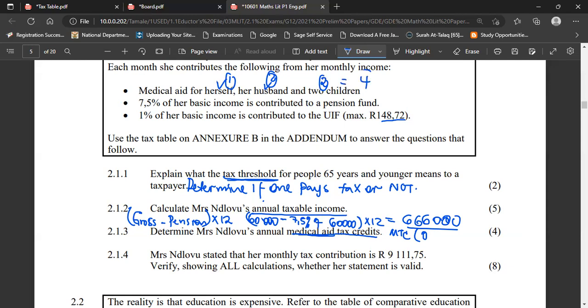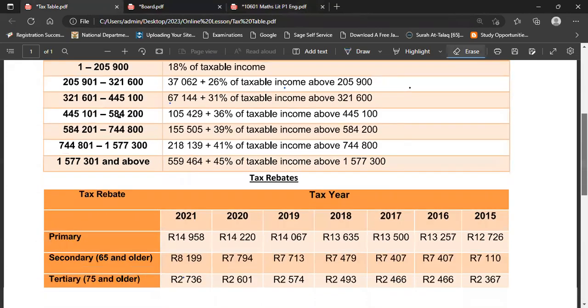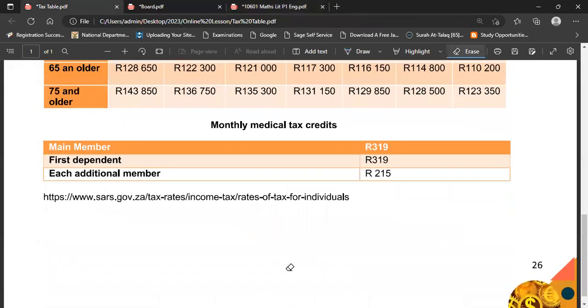So the family has 4 people on medical aid. So we shall go and check the table where medical aid is. Medical tax credits are like this. So there are 4 people, simply meaning the main member, Mrs. Ndlovu, will take one amount.